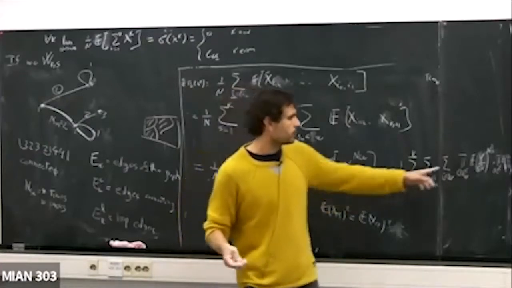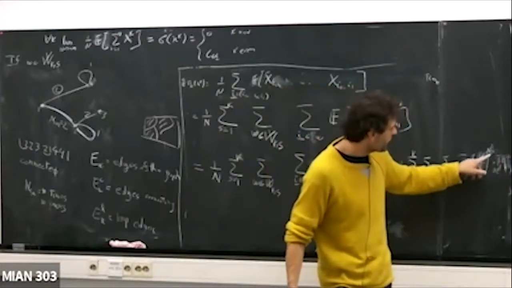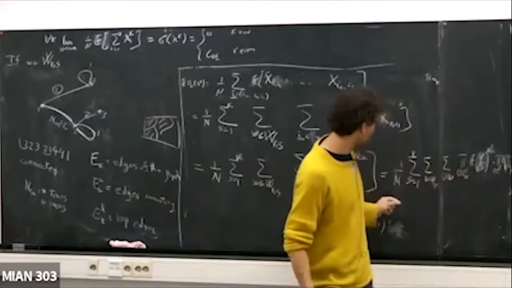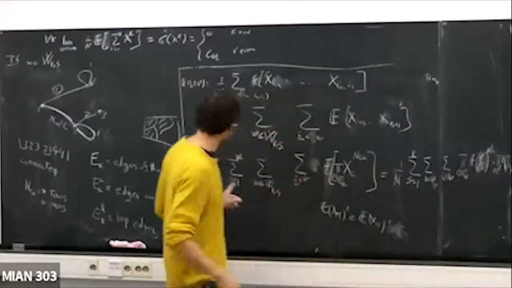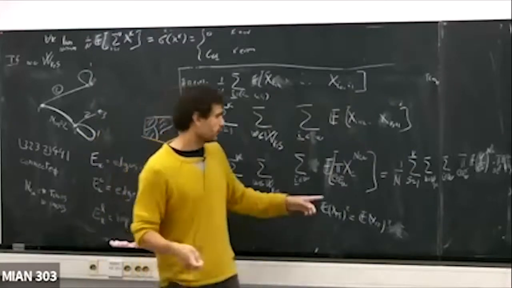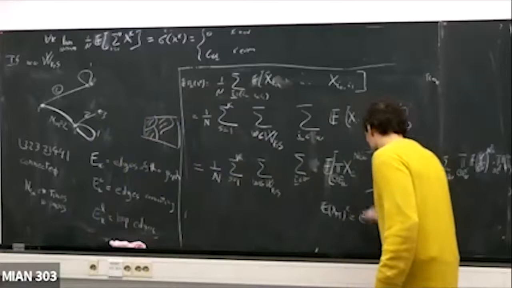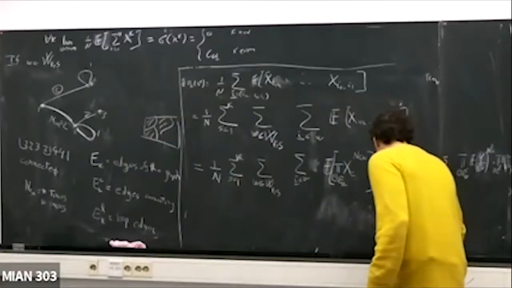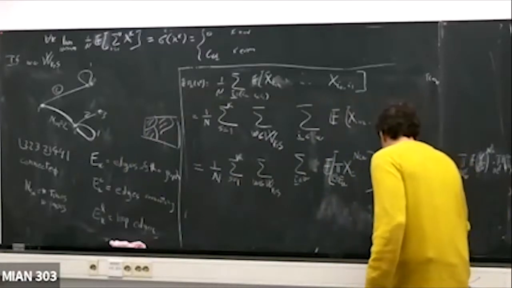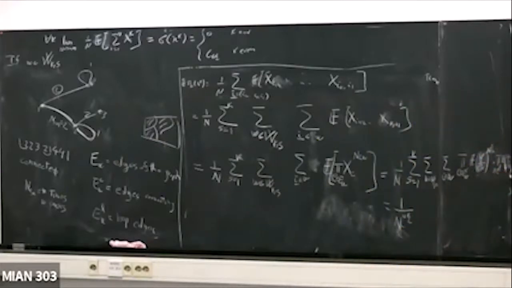So if i is different from j, it's like y over square root of n. Otherwise, the square root of n I can take out. How many times is just how many of the x there were? So it's just k. So this is equal to 1 over n, one n was here, one n was here, and I have n to the 1 plus k over 2, thanks to the square root of n.